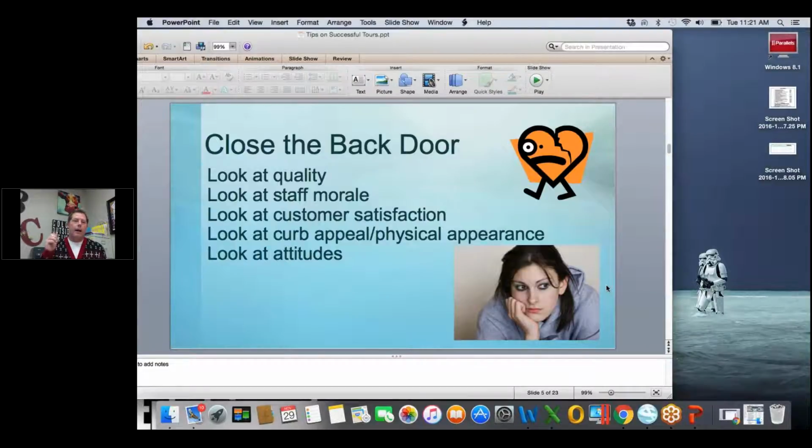The next one, and this is huge. I know it sounds petty, but it's so big. Look at your curb appeal. Look at the physical appearance of your building. Now, this is where I challenge all of you. You have to take a very deep look at the attention to detail, the tiny, tiny little stuff.